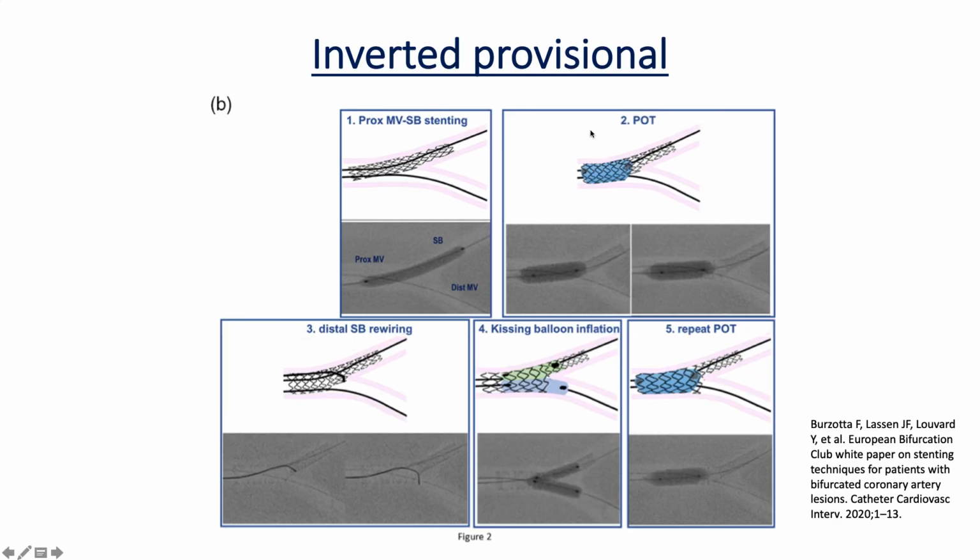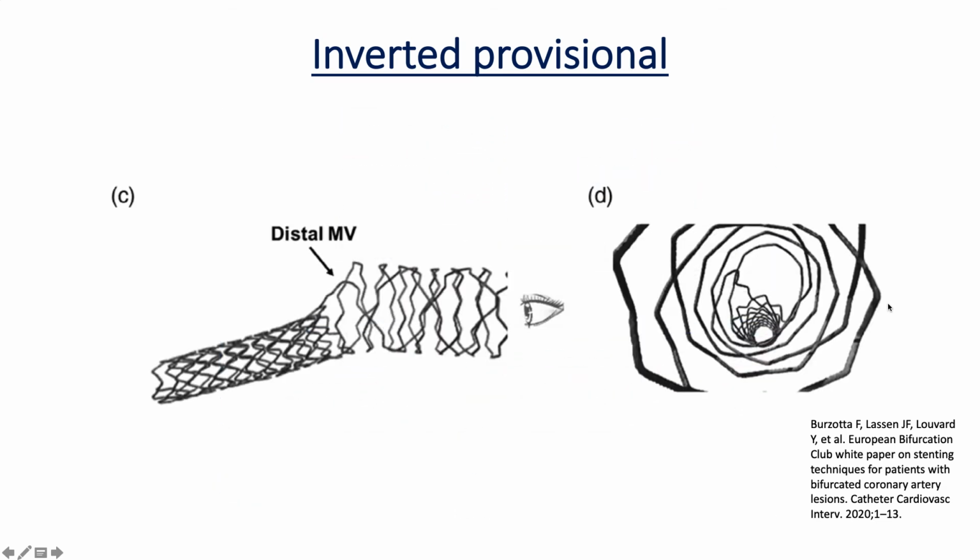The inverted provisional, as we said, is reserved for anatomies where the side branch is very difficult and the operator wants to secure that. So the opposite is done: main vessel into side branch stent, then POT in the main vessel, distal rewiring, kissing, followed by another POT. Again, PKP. And obviously, this is the 3D rendering of what it would look like. You can notice the difference in size between the main branch and side branch, which is obviously a challenge in situations with significant diameter discrepancy.